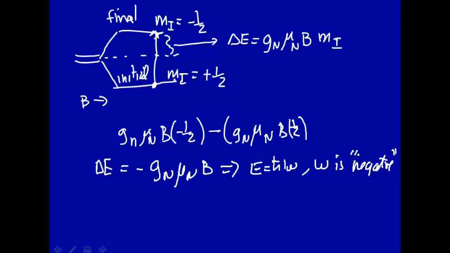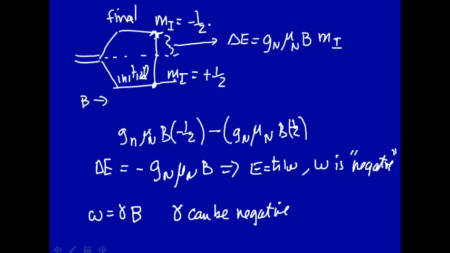So in some textbooks you'll have a minus sign there. However, remember that omega was gamma, the gyromagnetic ratio, times the magnetic field B. And we also found that the gyromagnetic ratio can be negative. So if that is negative, then the frequency is negative and this becomes positive.